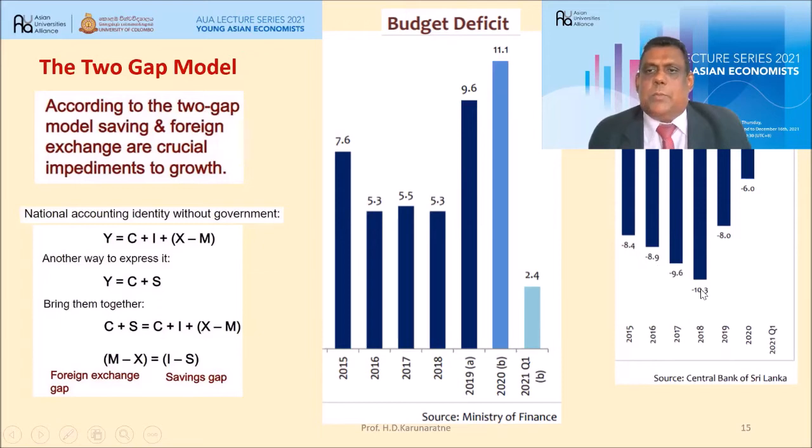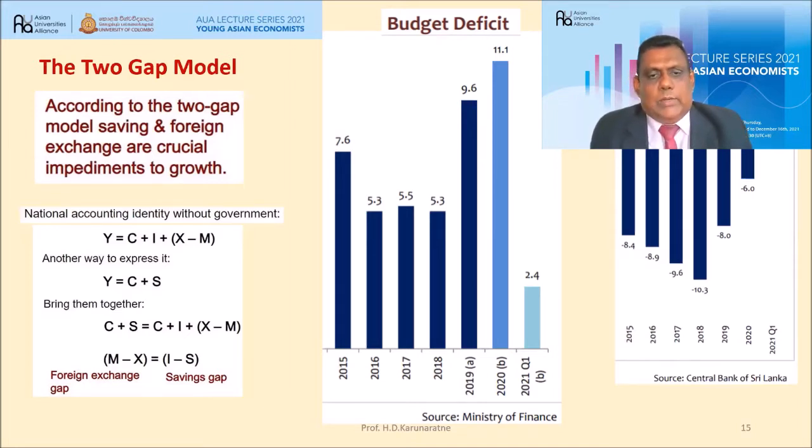Then in the recent past, the government imposed import controls, and there are two impacts. When there is a crisis in the economy, at the micro level, people want to buy more goods and services to keep at home.